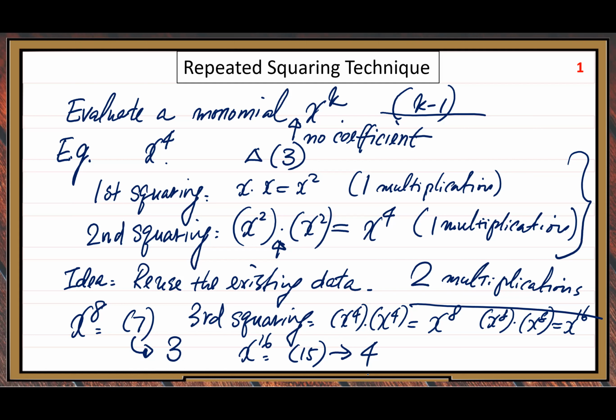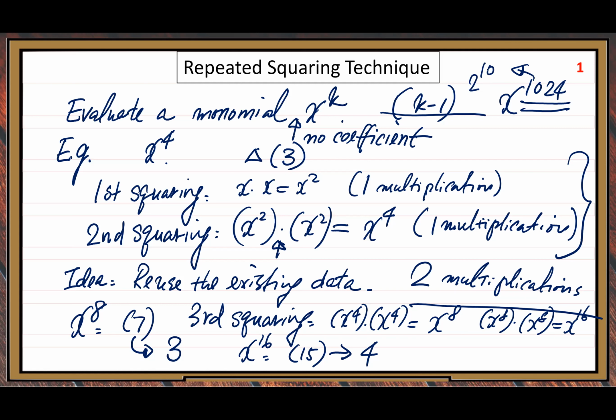I ask you to calculate x to the 1024th power, more than 1000. You're familiar with this number, right? For a computer science student, everyone is familiar with this number. It is 2 to the 10th.